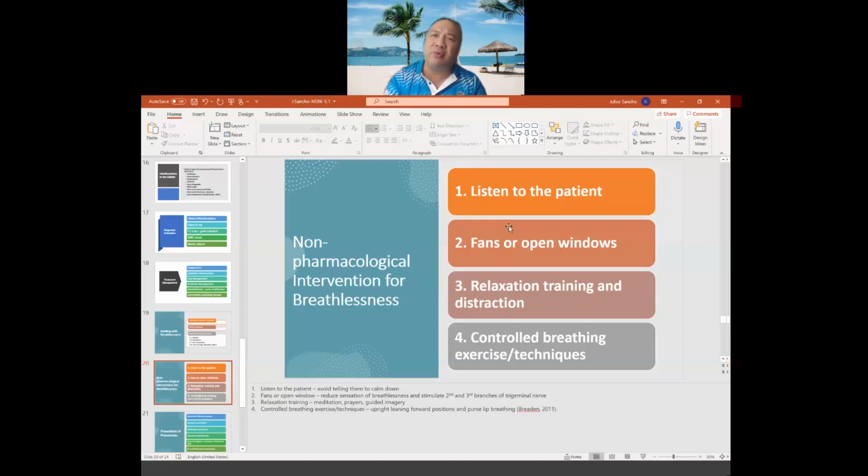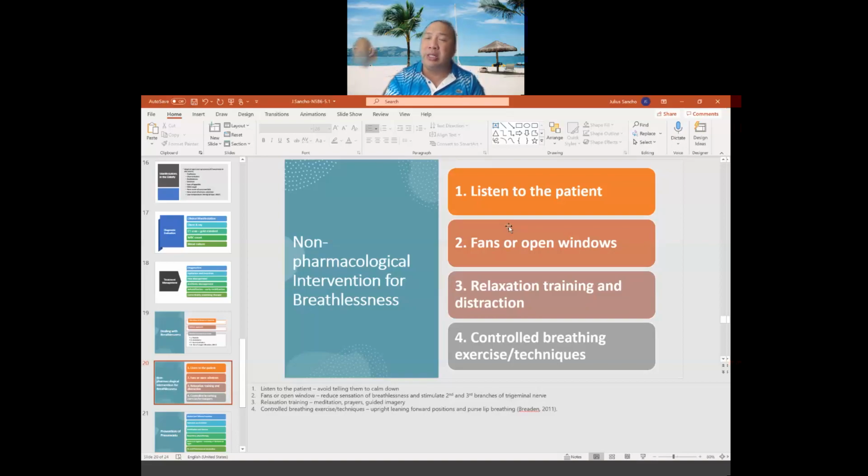Research has shown that they don't recommend telling the resident to calm down, because during that time, it will not help. So just listen to the patient, talk to the patient slowly, okay? Don't be anxious, because anxiety could be transferred to your patient.